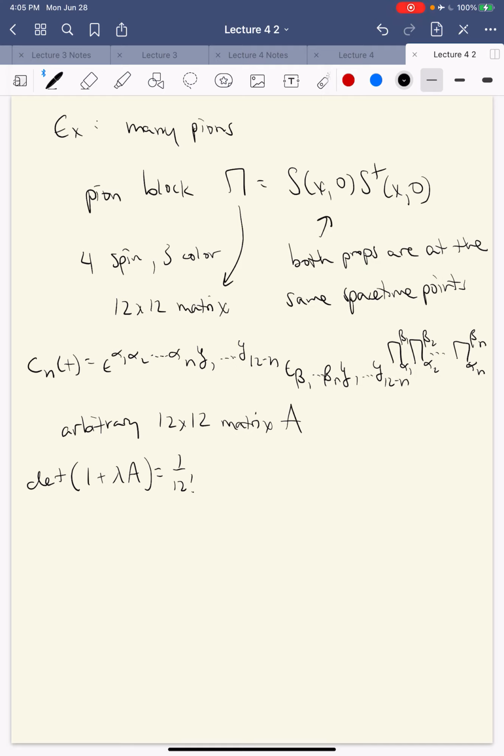Okay, so first let me just write out what the determinant is, again, in terms of Levi-Civita tensors. So this is the definition of a determinant.